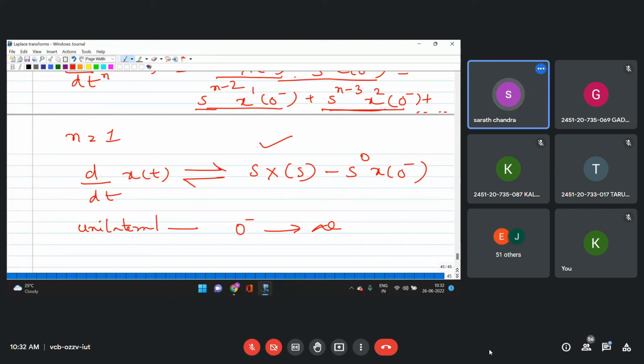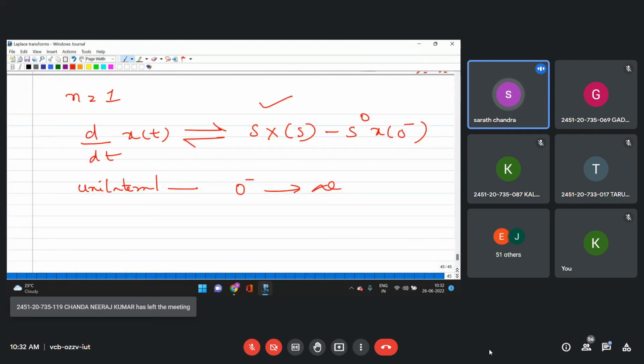Now the thing here is, we have to consider a one-sided, not two-sided transform. So we have to go with the one-sided Laplace transform, the unilateral Laplace transform. With this we will close it, but anyhow, listen to this properly.